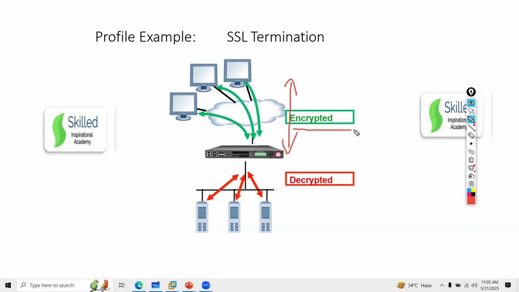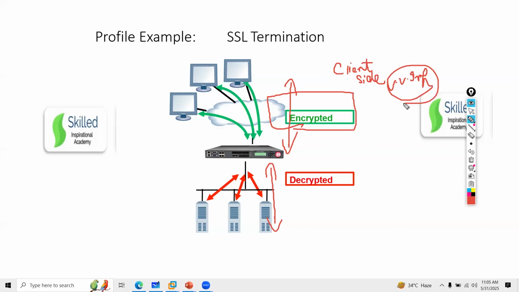Sometimes there are use cases where I only want the client side connection to be encrypted, but I don't want the server side connection to be encrypted. Anyone? Example, interview question. Very, very important. In between, guys, I'll keep telling you this is a very critical interview question. Anyone? Why are mostly client side connections encrypted, but server side connections are not encrypted or SSL enabled?